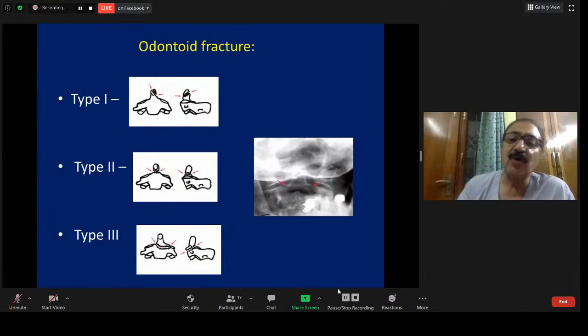Now the fracture of the odontoid process, which you can see in the open mouth view, has basically three types. Type 1 is a fracture of the tip. Type 2 is the base, which is the most common and is unstable. And type 3 is through the body. Type 1 and type 3 are stable. Type 2 is unstable.